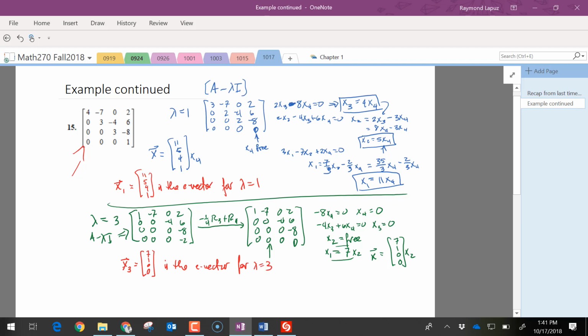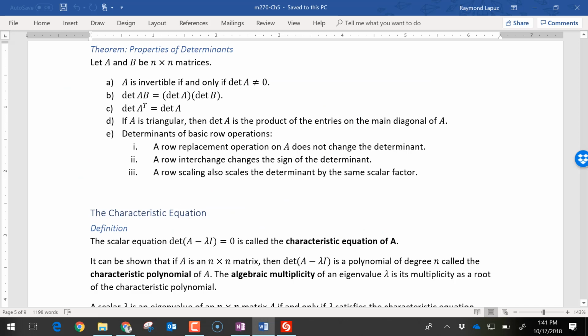And that's it. Okay. So that's how you find eigenvalues and eigenvectors. And I think that's all. Well, that's not all, but.